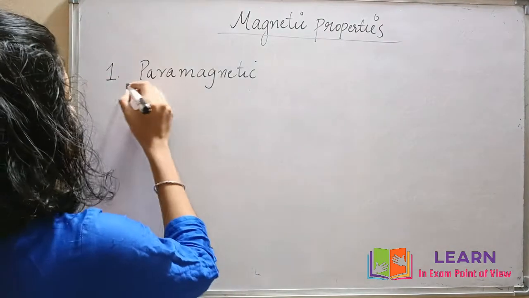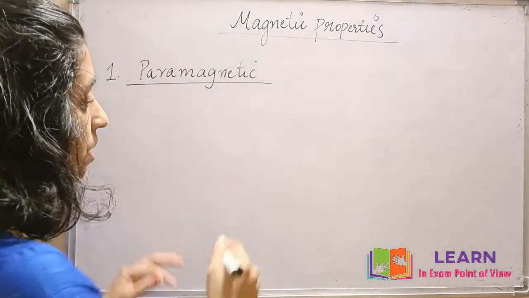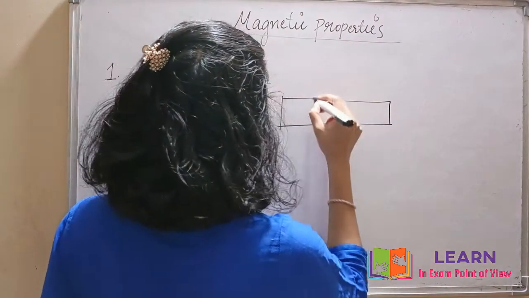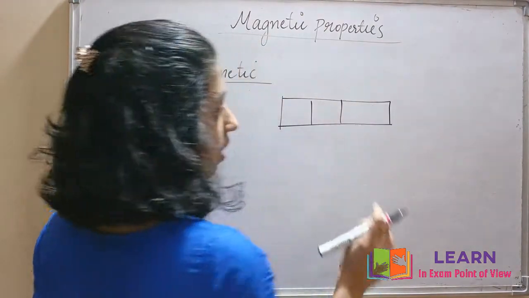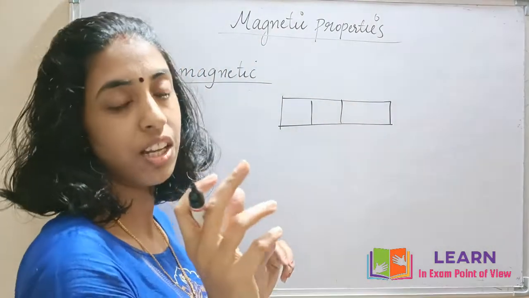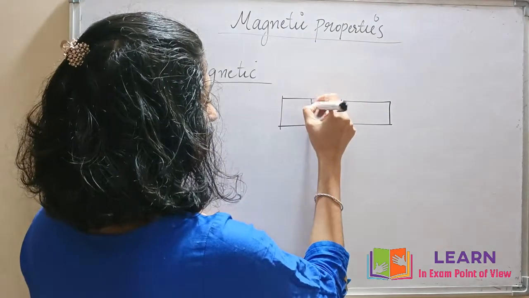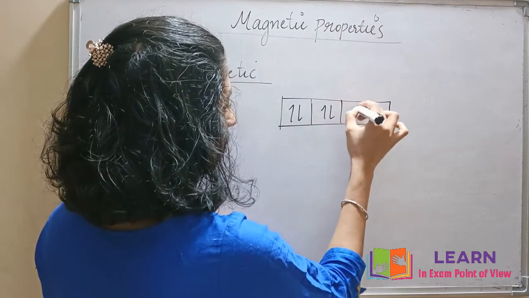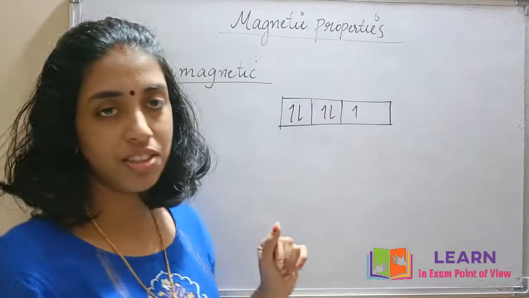So the first one is paramagnetic. In the s, p, d block chapter you have studied how we denote electrons, and electron pairs can be denoted like this, right?